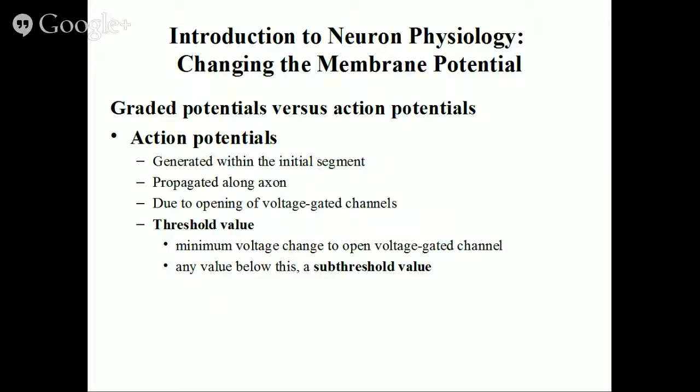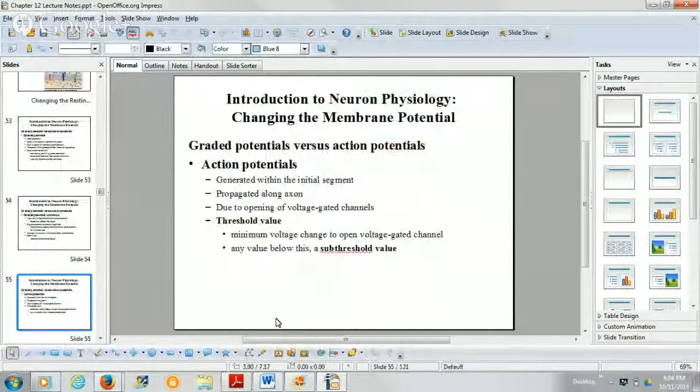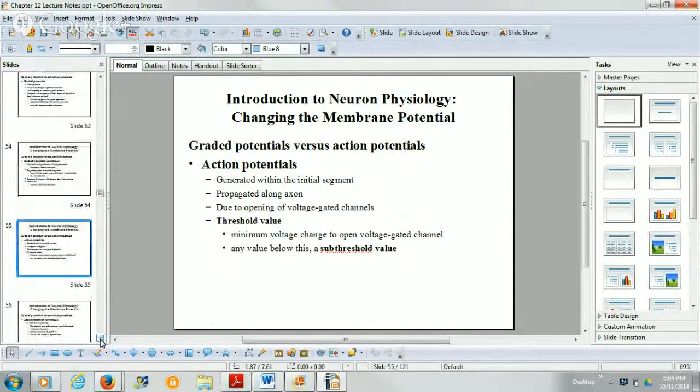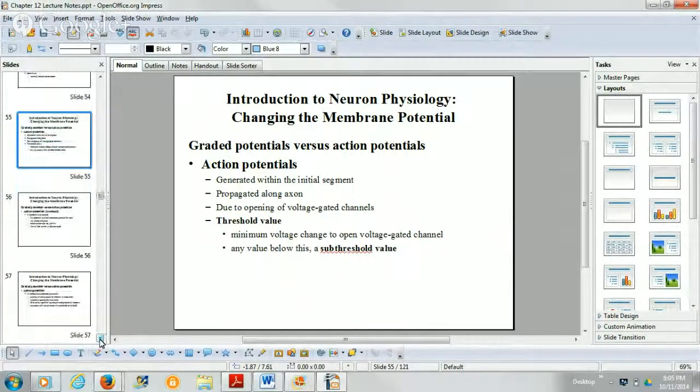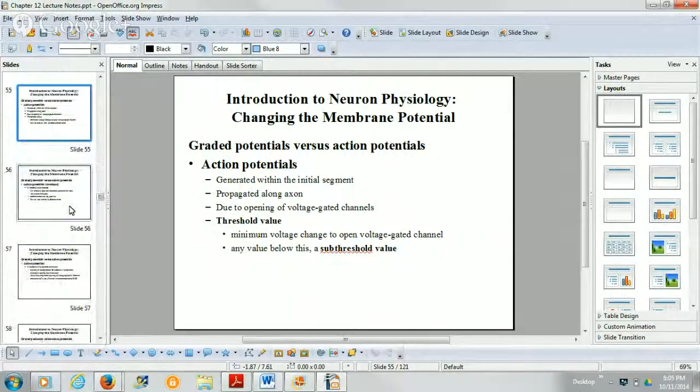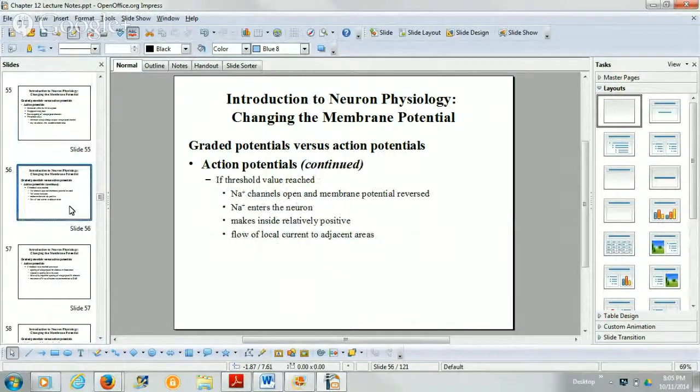Let's see. There's one other place I want to go with this, and I want to make sure that I'm getting there. There's somewhere I want to take you. I want to talk very briefly about the action potential itself. There's not a lot to say about the action potential itself, to be completely honest with you.